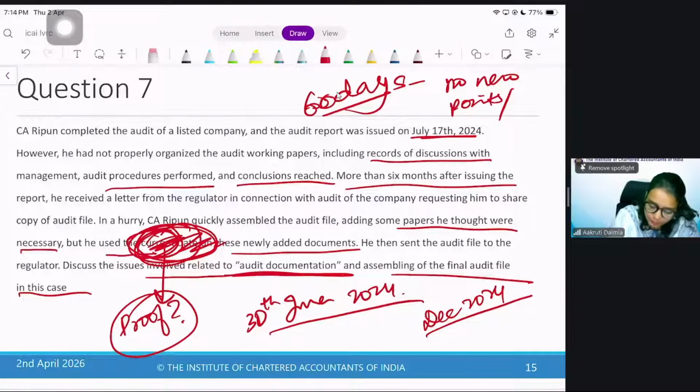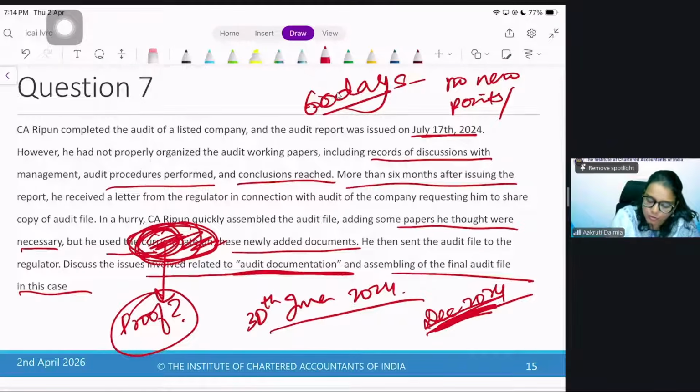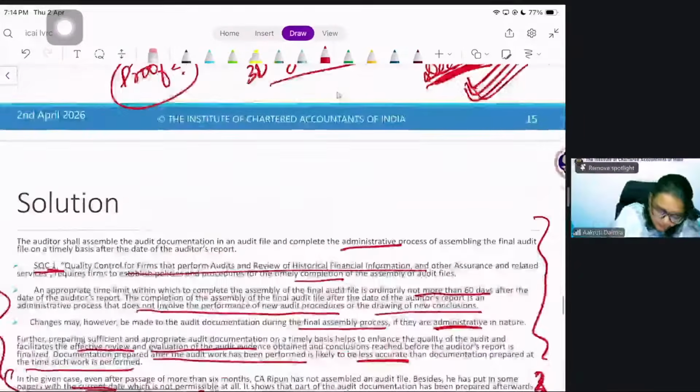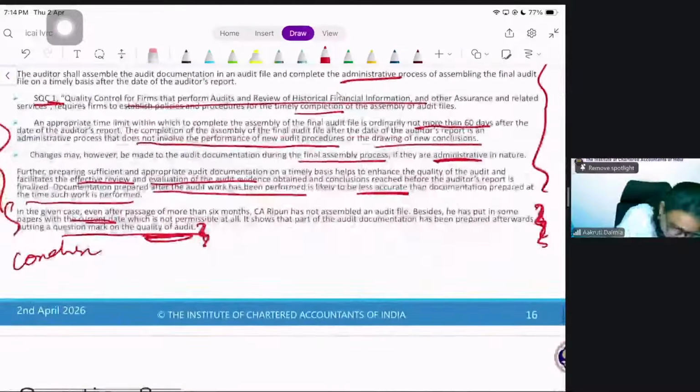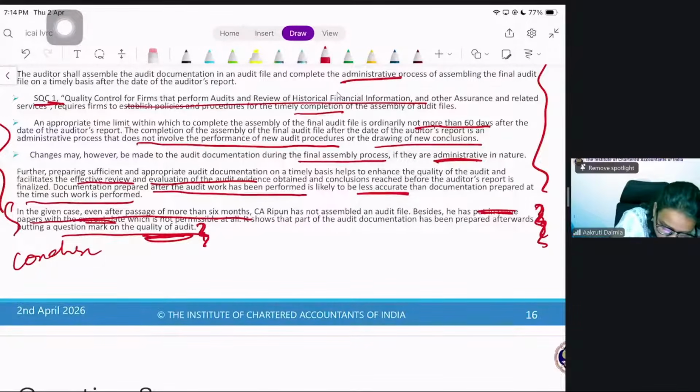Yes. So even if you gave the file in December 2024 and your assembly is perfect, how will we write an answer? You will just ignore this line and mention: in the given case, even after passage of more than 6 months, CA Tarun has not assembled an audit file and hence he has not followed the procedures and requirements of SQC 1, which can create a question mark on the quality of audit.